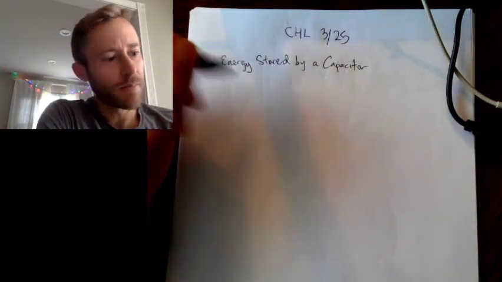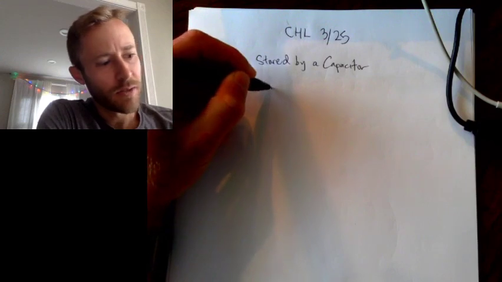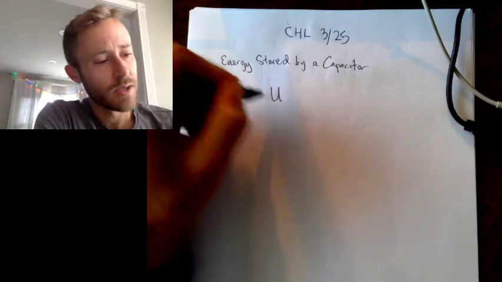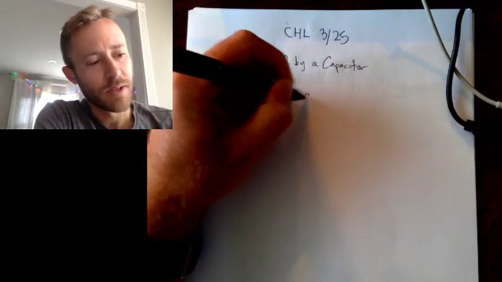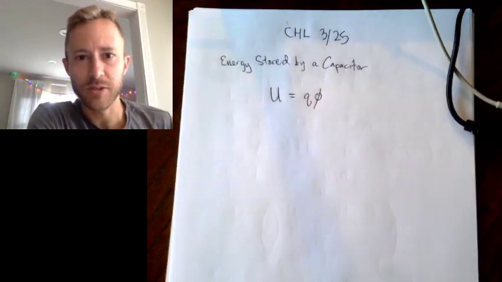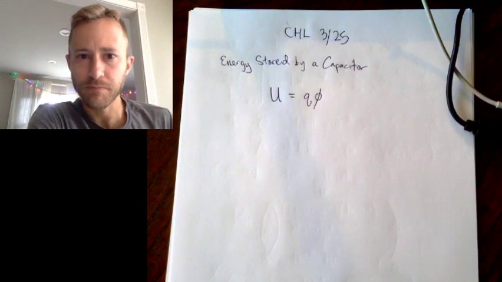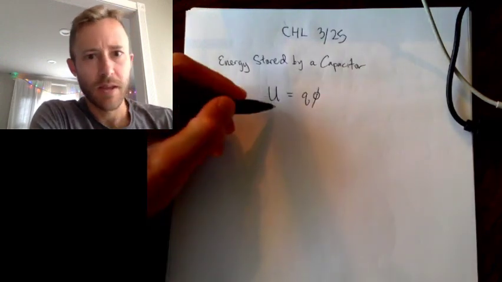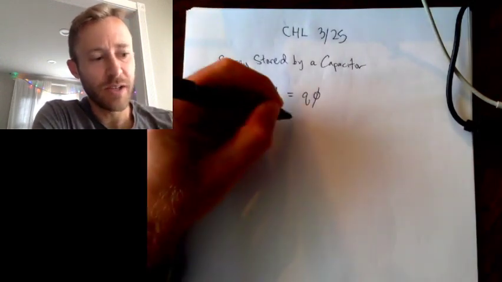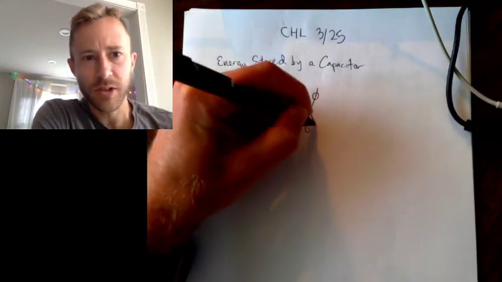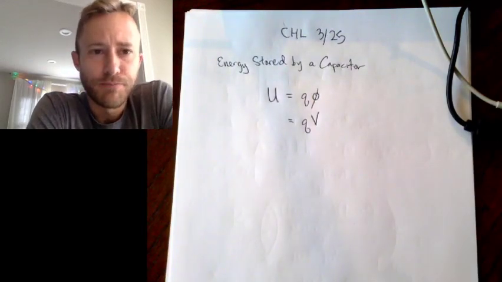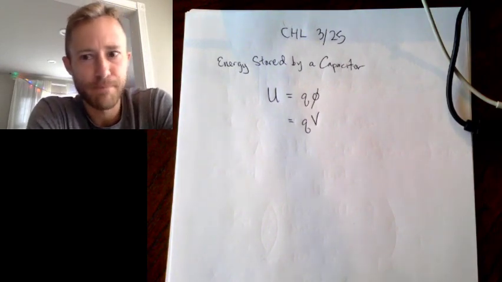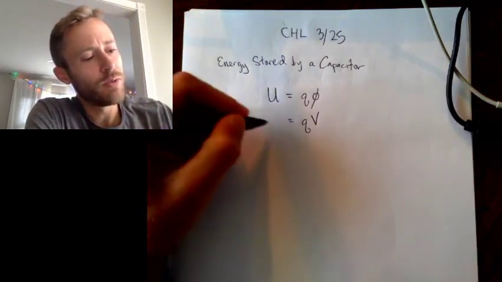You might remember that the formula for electrical potential energy is Q times the electric potential. I'm going to write the electric potential as V because when we're talking about circuits, the potential is pretty much exclusively given as V. So I have U equals QV.